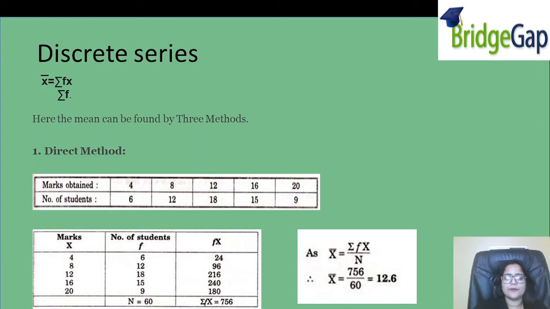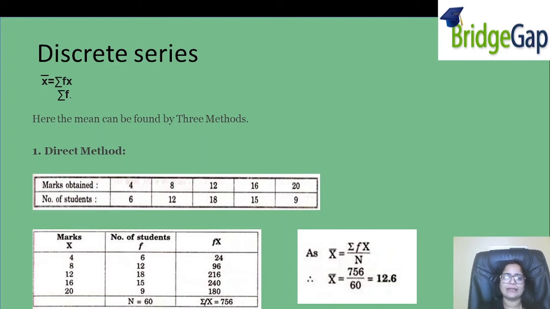So the mean is equal to sigma fx, that is 756, divided by the sum of frequency, or you also call it n. It is one and the same thing, because frequency is simply defining the numbers. It is just defining that in that particular category there are more numbers.